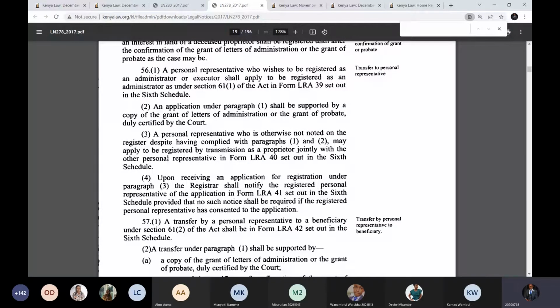So yes, transmission is correct. We are having property devolving by way of transmission. Somebody has died, and now the property has to devolve to the estate of the deceased person. For transmission, you need to note regulation 55 all the way to regulation 58.